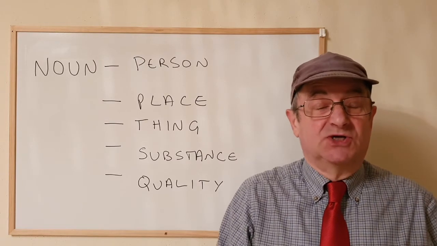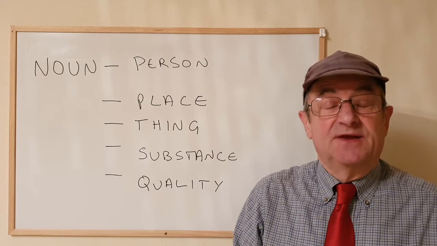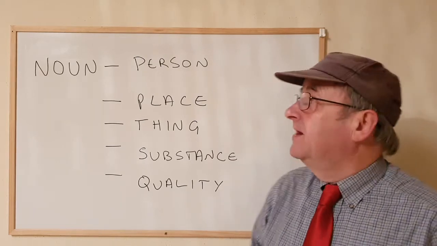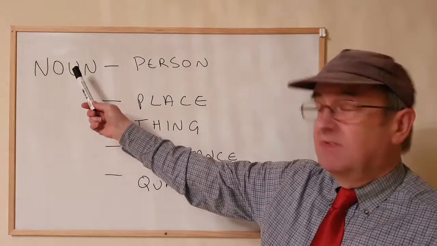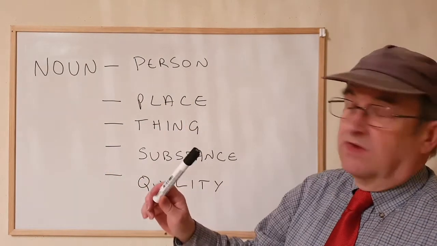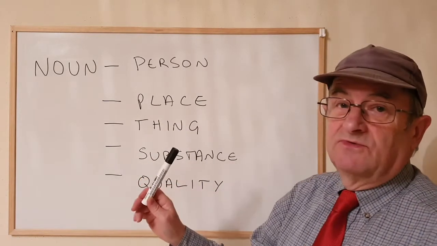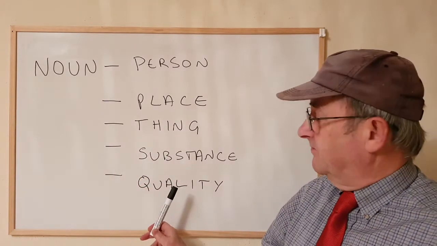The first major word category that we will look at is the noun. A noun is the name of a person, or a place, or a thing, or a substance, or a quality.